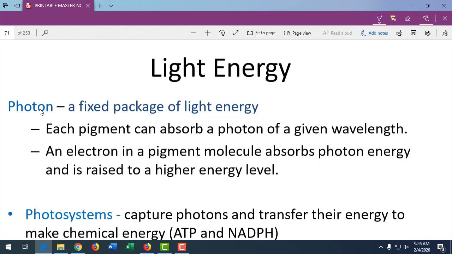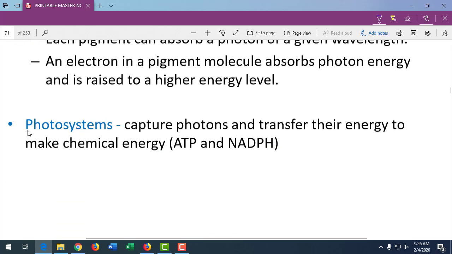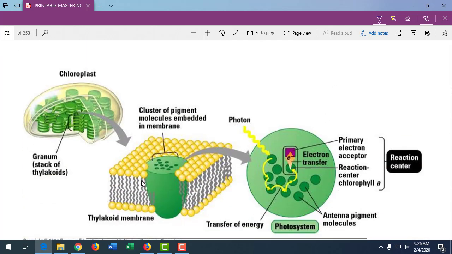But it's important to just at least identify some of the fundamental parts. So we have these light particles that are striking the leaf, and the leaf in the chloroplast contains chlorophyll, and the chlorophyll is energized when these photons strike it. So what we find in the thylakoid membrane are these photosystems, which we're going to look at here. So here's a chlorophyll pigment molecule.